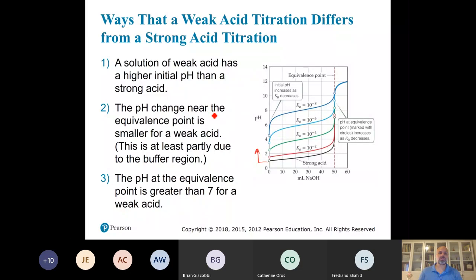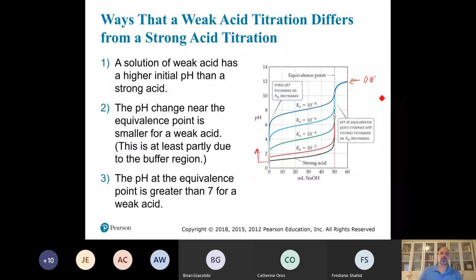The pH change near the equivalence point is smaller for a weak acid, and this is because of what's going on. If we think of the pH change that occurs, if we're starting higher than our end point, because we're reacting it with a strong base, the highest that we can get is the pH of hydroxide ions.